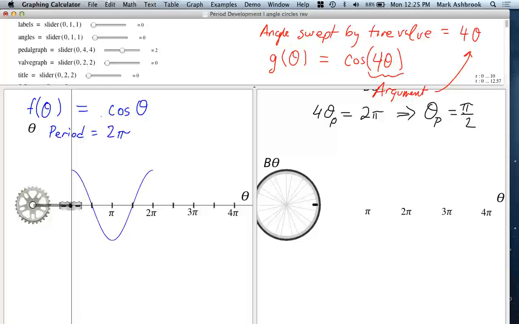Okay, so now we got to think about what's our period of the G function. Pi over 2, because for pi over 2, the pedal angle, we know that the tire valve rotates 4 times as much, or makes a full rotation in pi over 2. So I'm going to graph that pedal graph over to the right again.